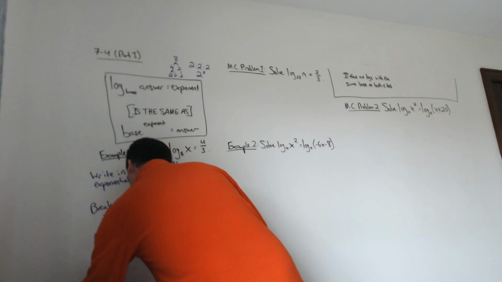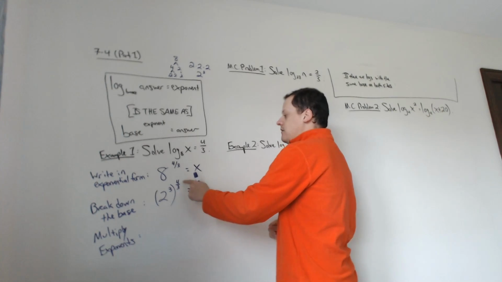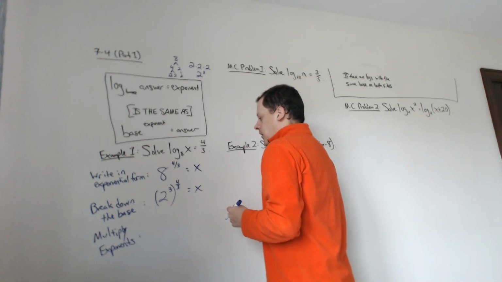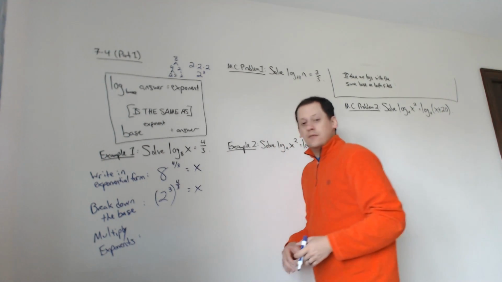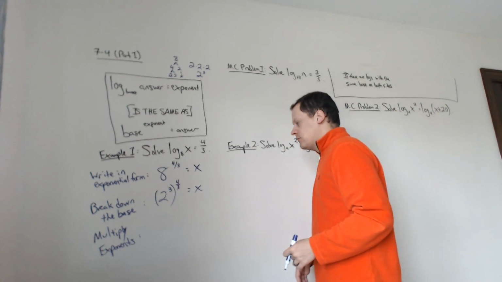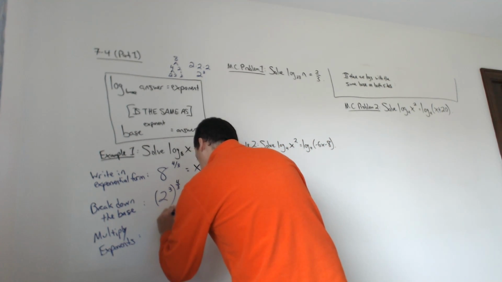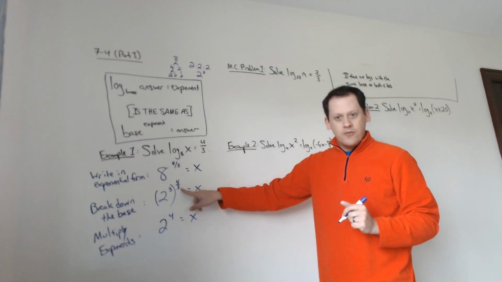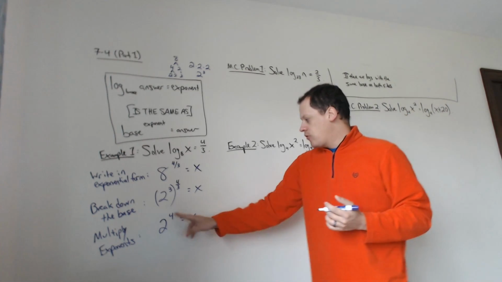So what is 3 times 4 over 3? Well, that's 3 times 4, 12, divided by 3, 4. So this is 2 to the 4th power. You can think of it as the 3 here and the 3 here cancel out. So 2 to the 4th power equals x.